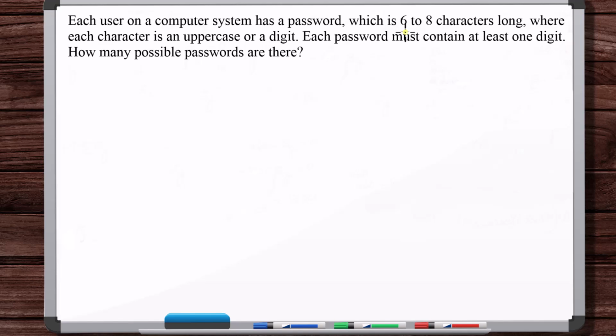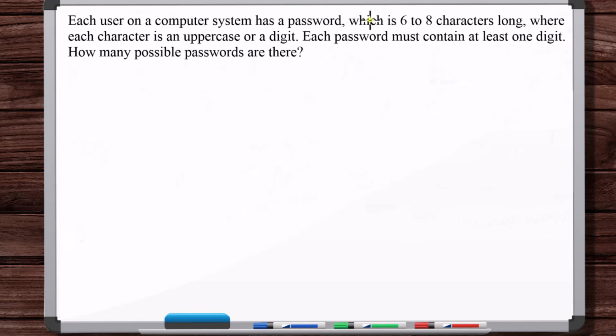Okay, so we can see that there's this OR criteria here between 6, 7, and 8 character passwords. So we're just going to need to sum the outcomes for each, but we can see there's no overlap. There's no 7 character password that's also a 6 character or 8 character password, etc. Now, for any counting problem, there are different paths you can take.